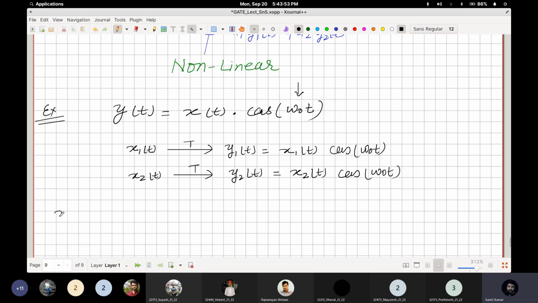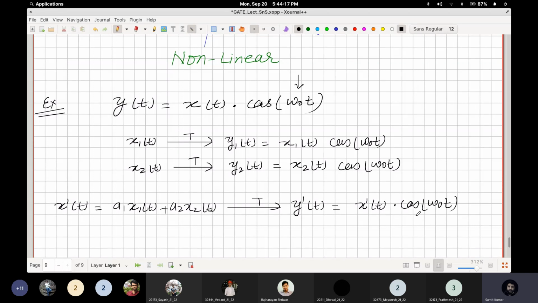And if you give this system x dash t, which is equal to a1 x1 t plus a2 x2 t, then your output will be y dash t, and y dash t will be equal to what? x dash t times cos omega naught t.